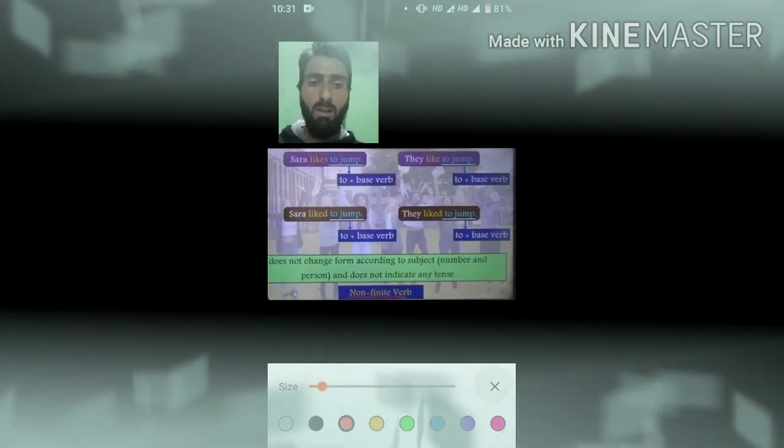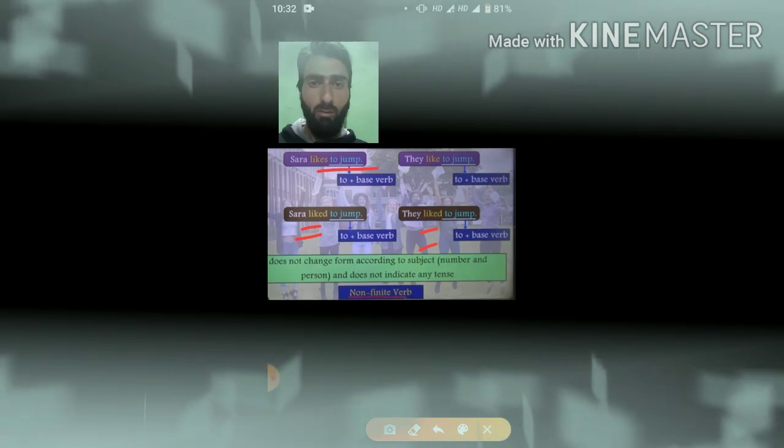And the next example is Sarah likes to jump. Sarah liketh to jump. They like to jump. They liketh to jump. Besides the verb likes or liketh, there is one more verb in this sentence, that is to jump. So we see here, in spite of change in the subject and the tense of the sentence, this verb to jump remains the same in all these sentences.